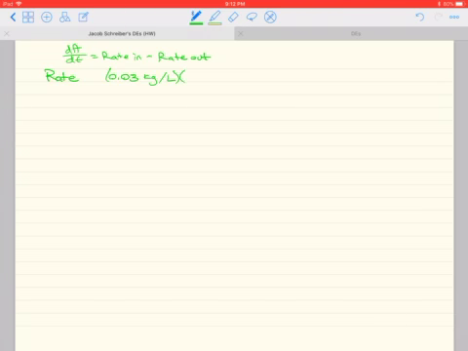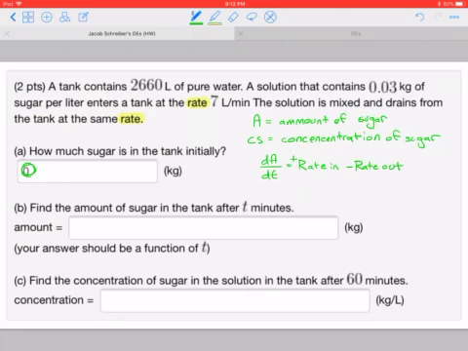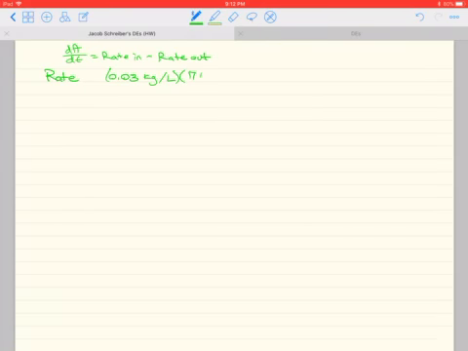And then to get that in amount per minute form, we just multiply that by the rate at which it's going in, which is 7 liters per minute. Then we can see the units cancel here, and we get 0.21 kilograms per minute.